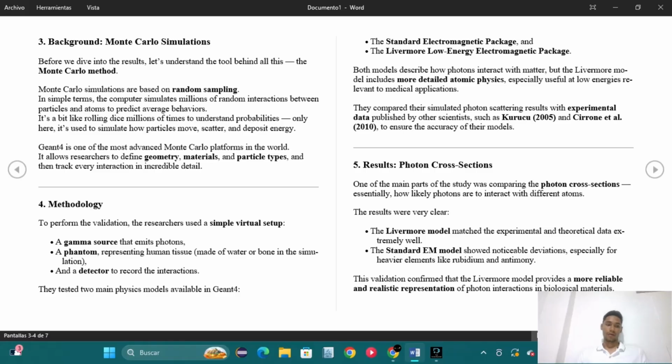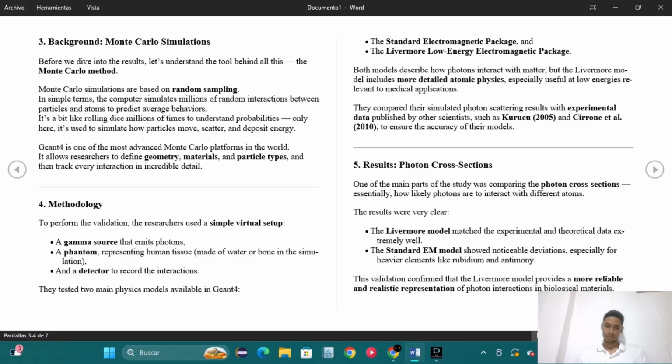Four. Methodology. To perform the validations, the researchers used a simple virtual setup: a gamma source that emits photons, a phantom representing human tissue, and a detector to record the interactions.